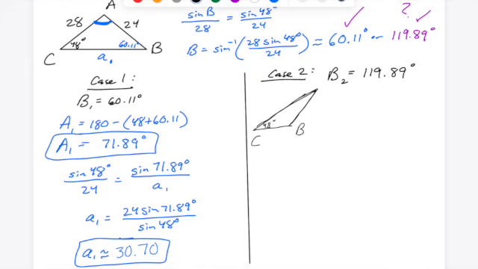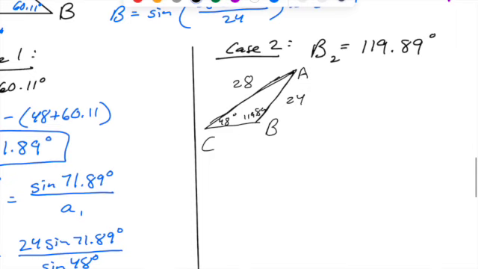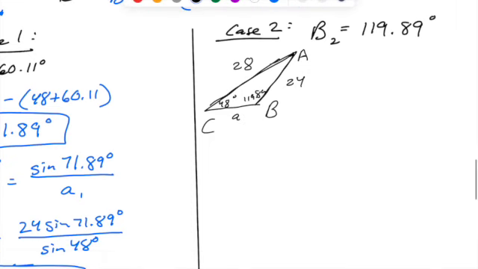Here's the C that's 48 with the side 24 across from it, and side B is 28, but instead of being an acute angle, it's 119.89. And so you're trying to find the missing angle A in this case, and the side A that goes with that.